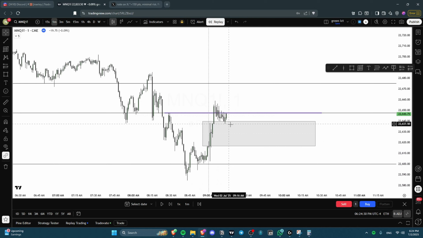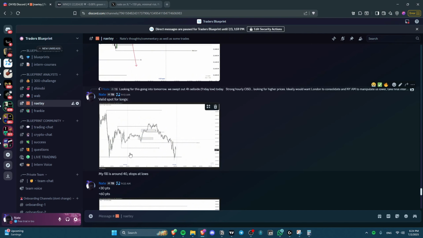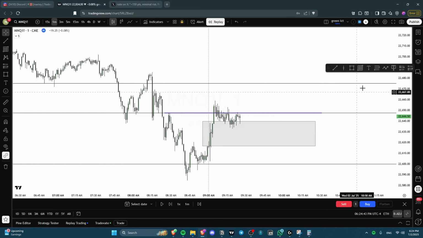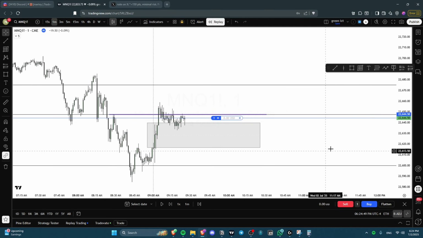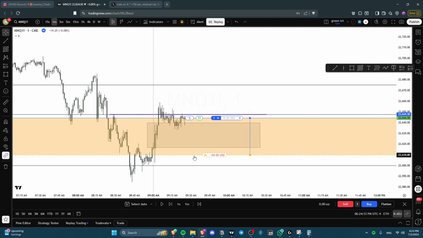price tapped back into this bullish gap, and we're holding it. Holding. We trade back in, and around 9:18, I fill longs. My fill was 9:40 or 6:44. So I filled somewhere here. I had my stops set around 50 points, I believe.